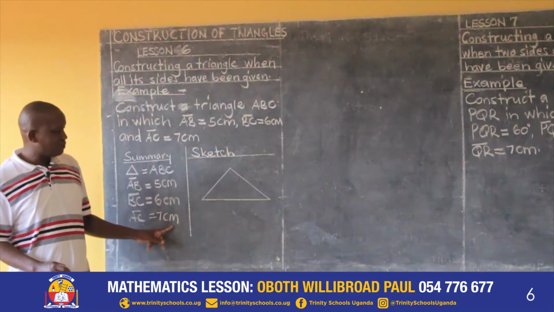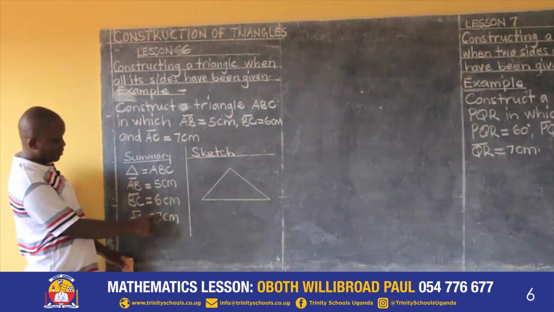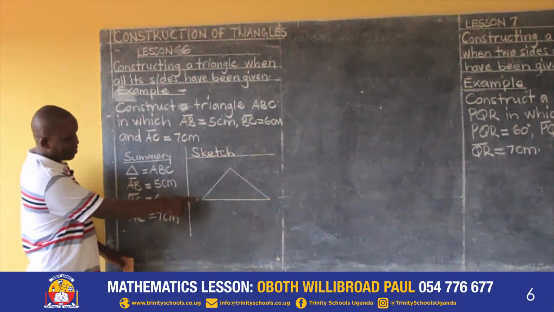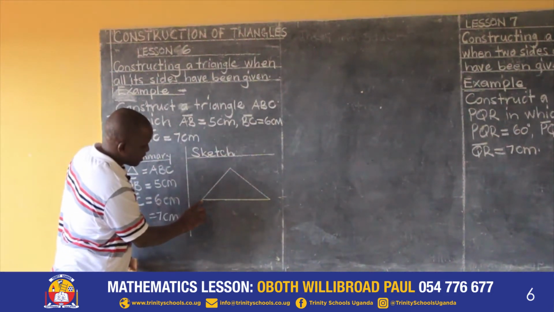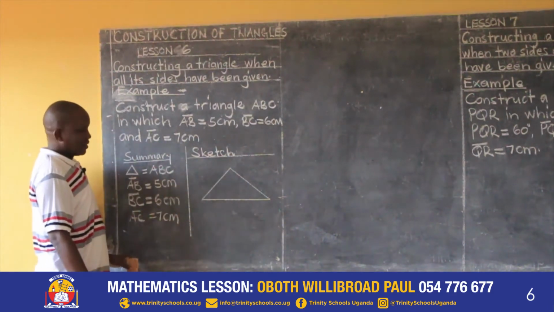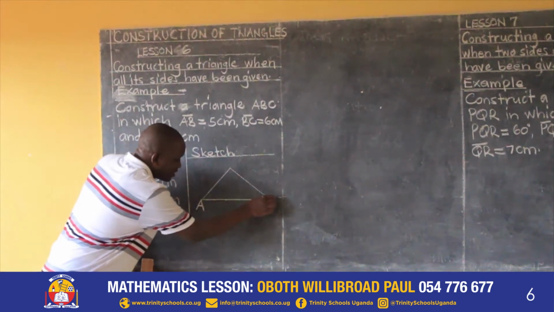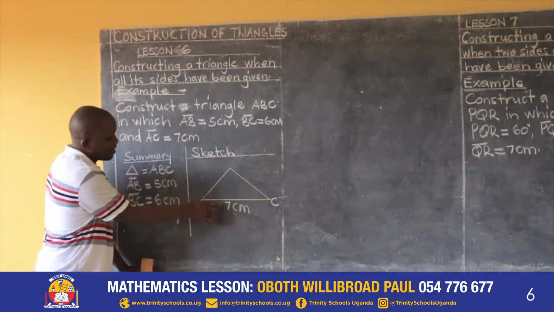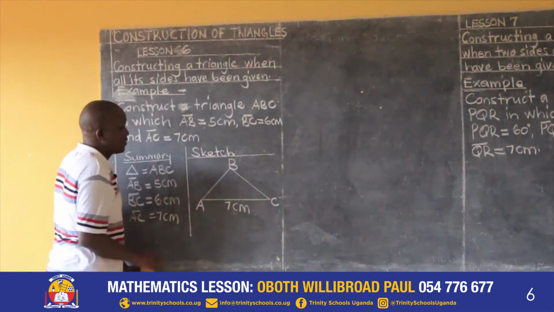But for me here, to be orderly, I will begin with AC because it is the longest side here. According to my sketch, I've made my baseline longer than the other 2. So we are calling this A and that point C. This is 7 centimeters, meaning that the point remaining up here is B.